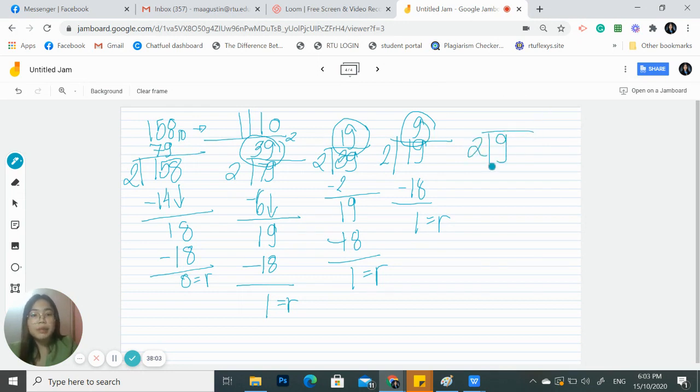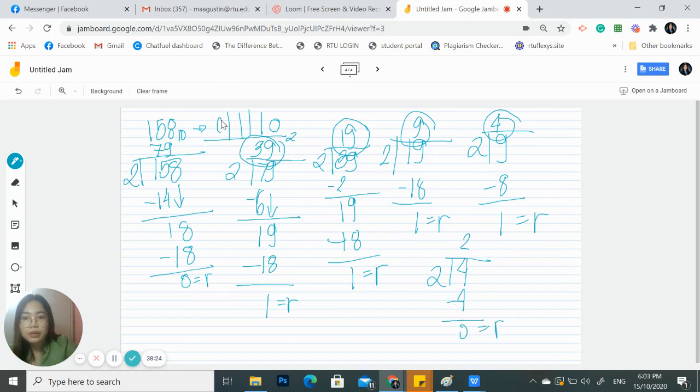Okay, so divide natin by 2. So that will be 4. 4 times 2 is 8. 1. So lagyan natin yung 1 dito. We still have 4. 4 divided by 2, that will be 2. 2 times 2 is 4. 0. Lagyan natin 0 dito.